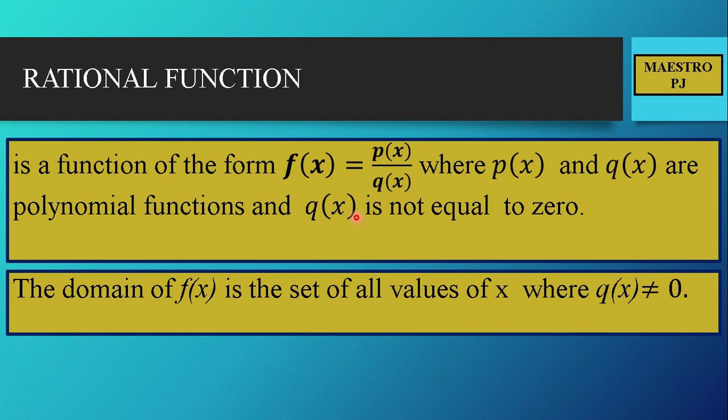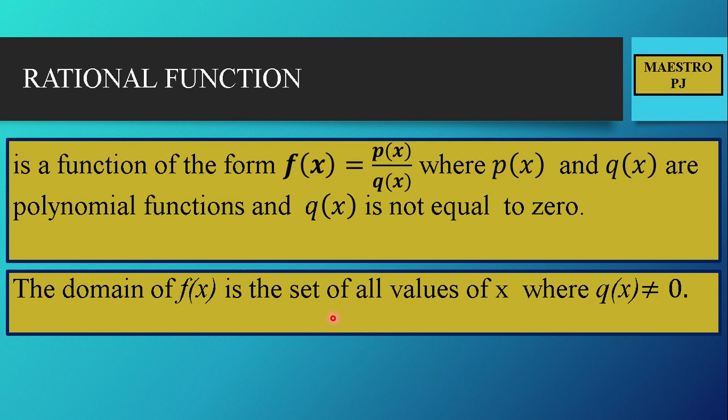Bakit hindi pwedeng 0 yung denominator? Because in a rational function or rational expression, or even in a fraction, kapag 0 yung nasa denominator, it will be undefined. So hindi pwede na 0 yung nasa denominator part. Next, the domain of f of x is the set of all values of x where q of x is not equal to 0.